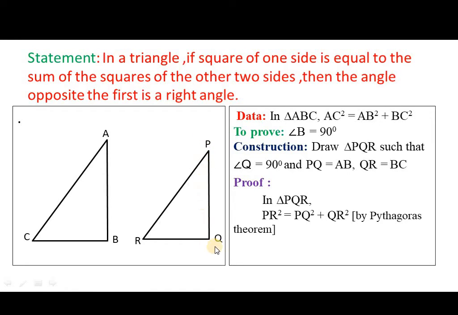The other two sides are PQ and QR. So PR square is equal to PQ square plus QR square. This is written according to our Pythagoras theorem.